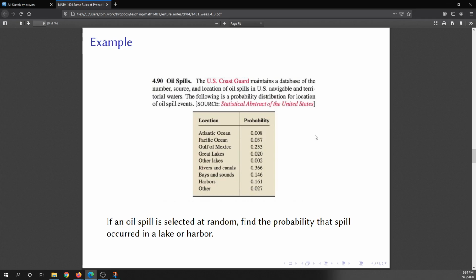It says, if an oil spill is selected at random, find the probability that the spill occurred in a lake or harbor. So I'm going to write that as probability of L for lake or H for harbor.